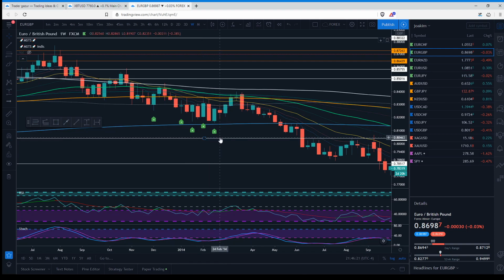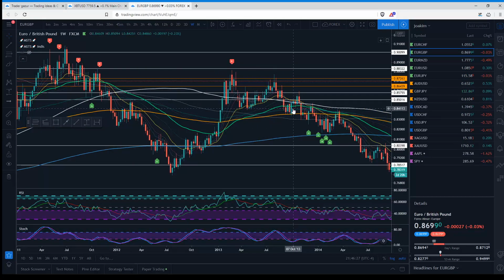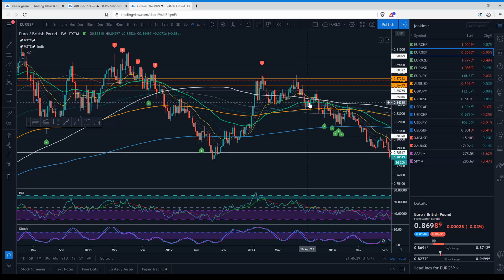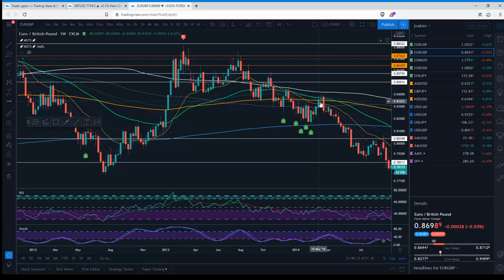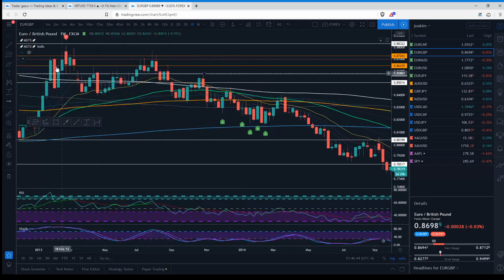We break and use this. Yeah, you could have played this. Yeah, you could have easily played this till the orange 200 as the 55 EMA is converging into it, so we're losing strength.